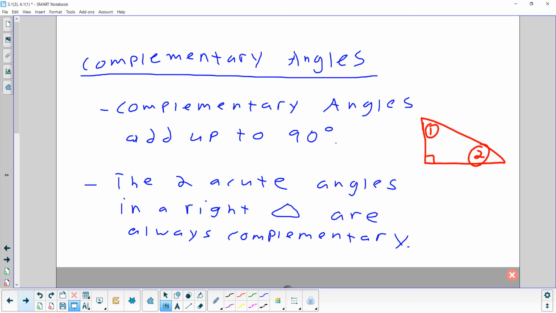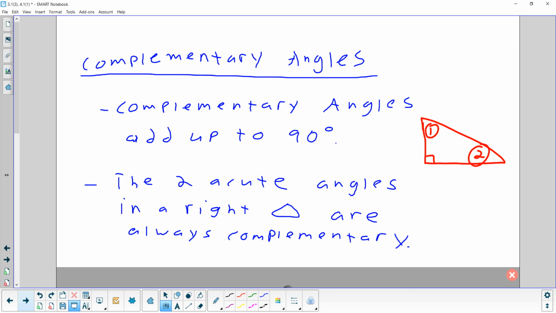I'm saying 1 and 2 will always add together to make 90, but why? Anybody answer that? Because all three angles add up to 180.